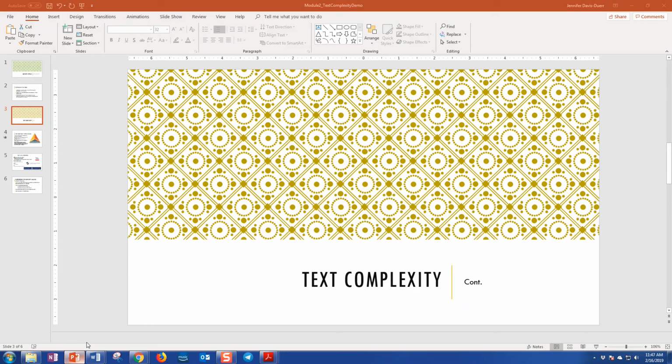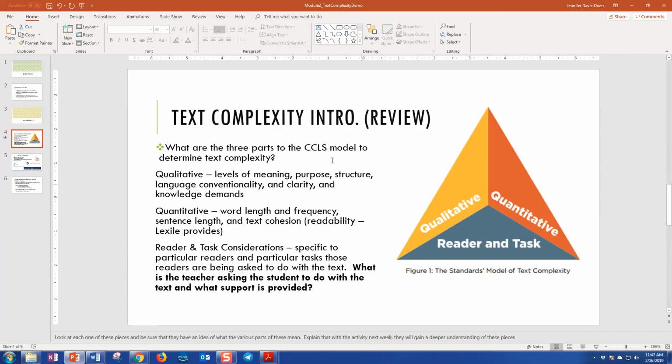Okay, so the first thing I want to do is briefly review the ways that we determine text complexity. So the three portions, and this originally came from the Common Core Learning Standards. It's the same model being used in many other contexts as well.